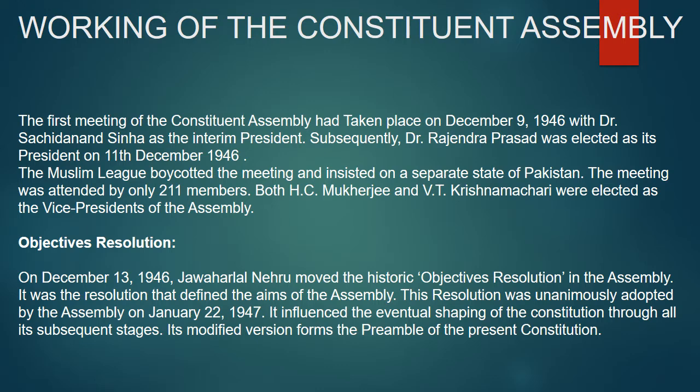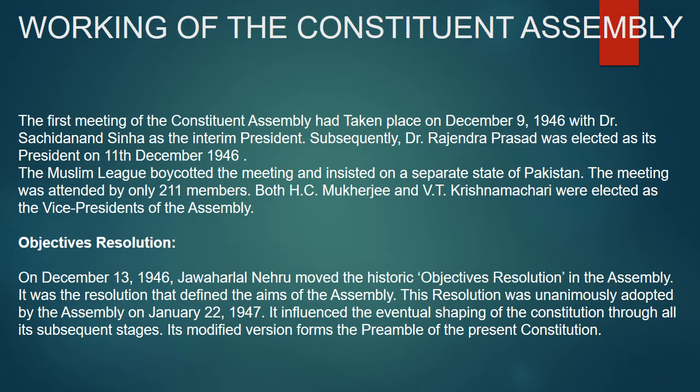Now, working of the Constituent Assembly. The first meeting of the Constituent Assembly took place on December 9, 1946. Dr. Sachidananda Sinha was the interim president. Actually, he was the oldest member of that Constituent Assembly.